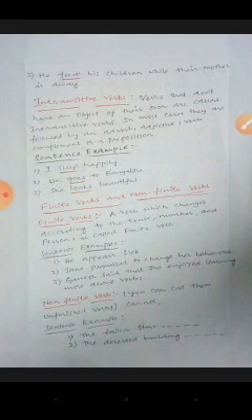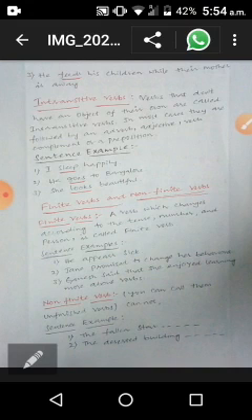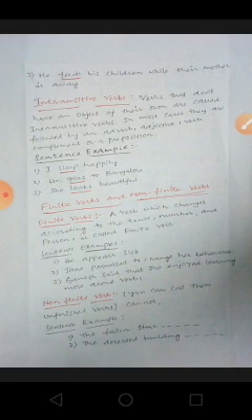Examples of intransitive verbs. First one, I sleep happily. Here sleep is an intransitive verb. Second example, he goes to Bangalore. Goes is an intransitive verb. Third example, she looks beautiful. Here look is an intransitive verb.